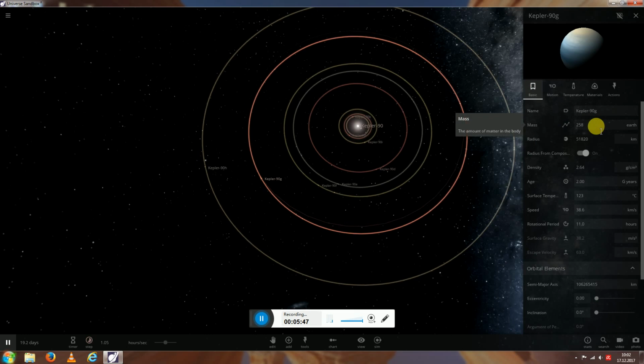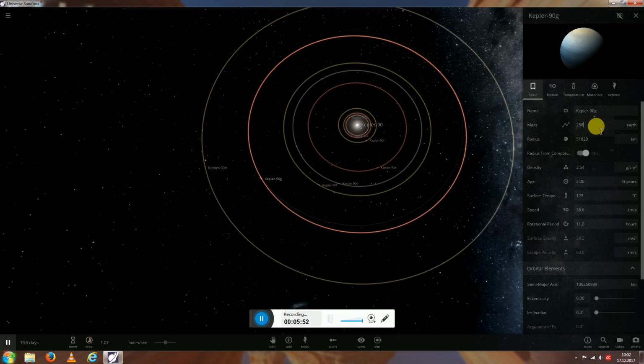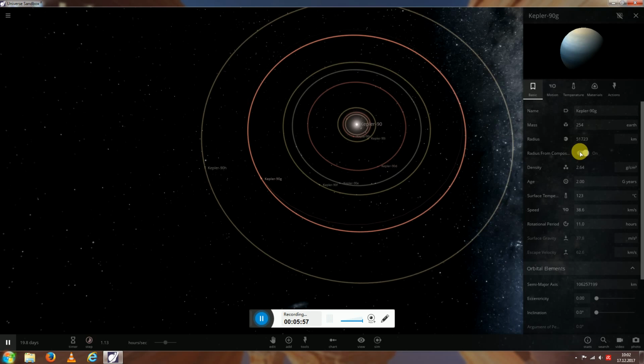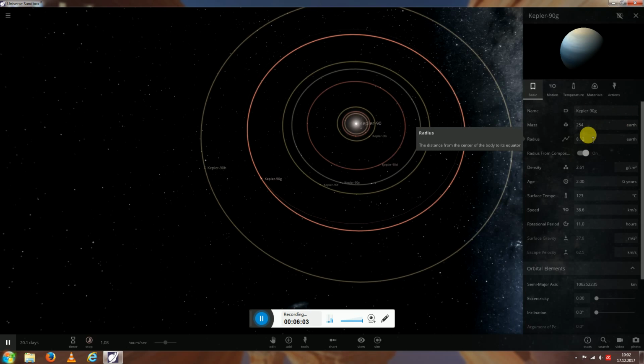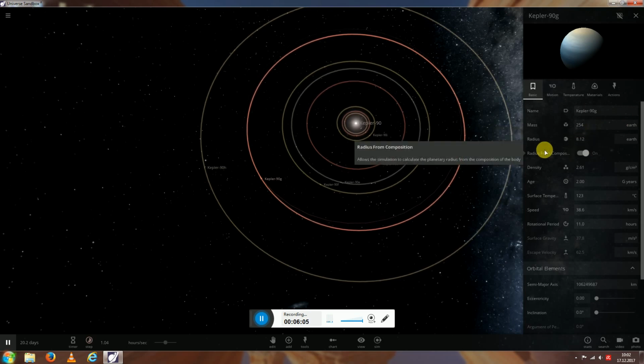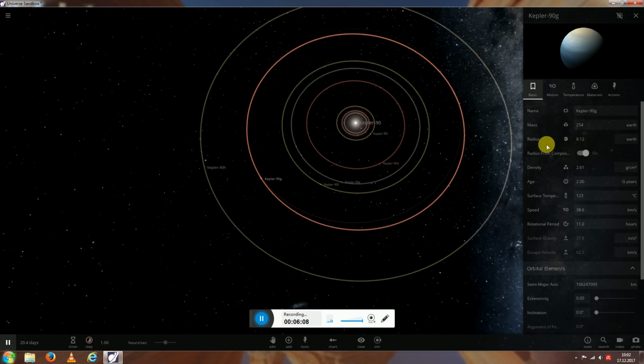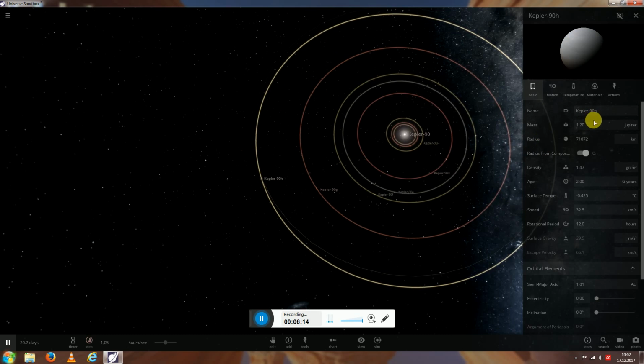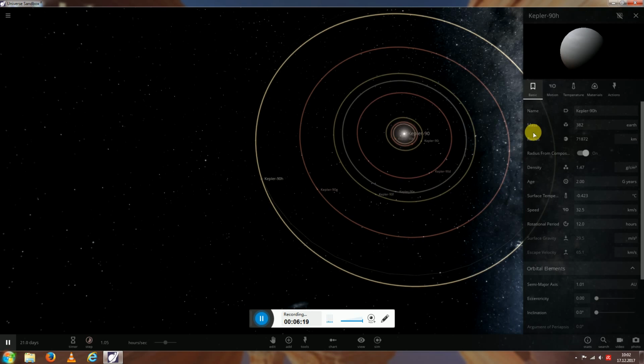Kepler 90G has a mass of, let me just quickly correct that, 254 Earths, or 254 times the mass of our Earth, while Kepler 90H has a mass of 382 Earths, which is quite a bit higher than our Jupiter.